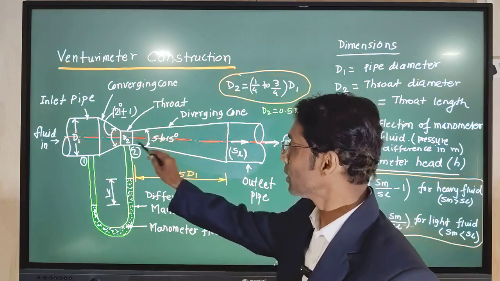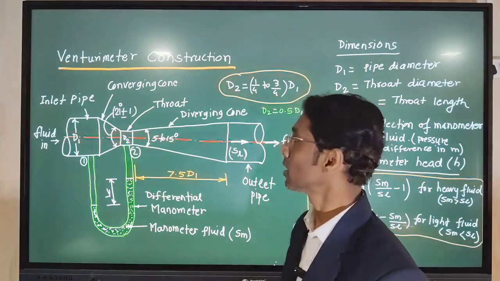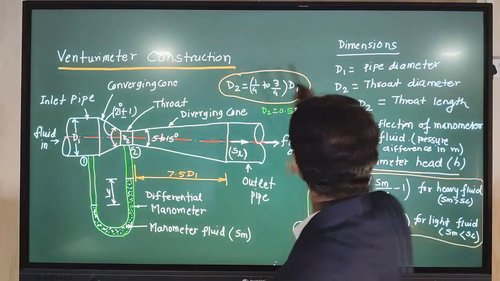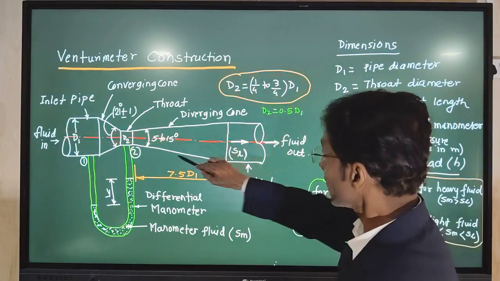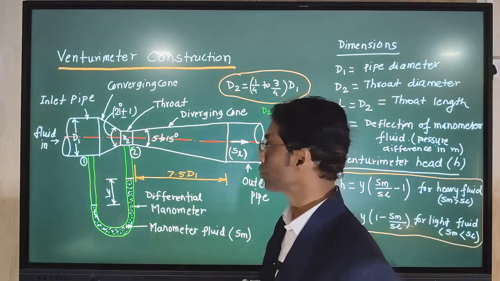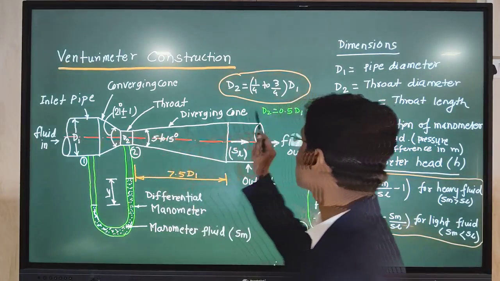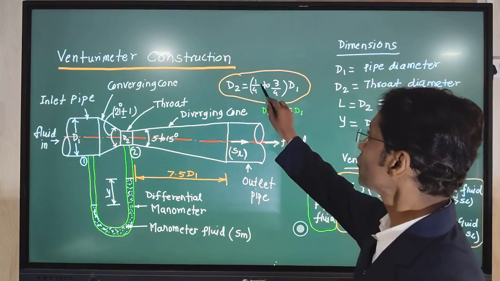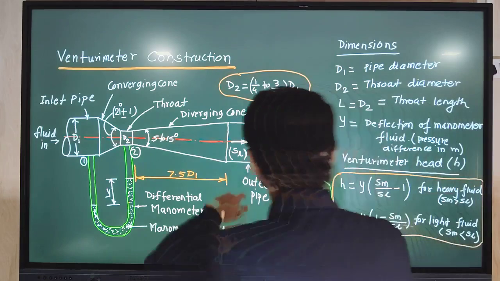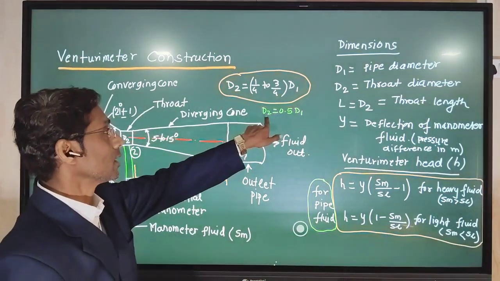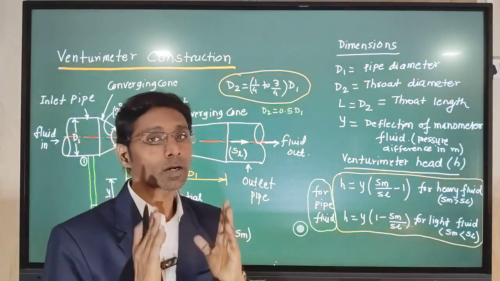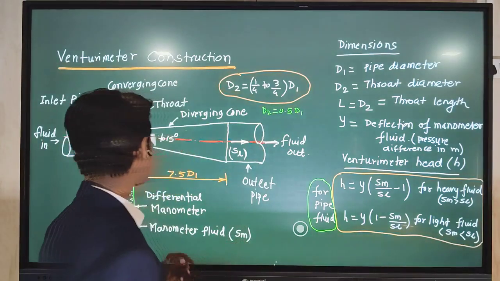As far as the dimensions of these three parts are concerned, here D1 will be the pipe diameter, and the diameter of the throat is taken as D2. D2 is taken in the range of 1/4 to 3/4 of the diameter of the pipe. In general, the throat diameter is taken as half of the pipe diameter.